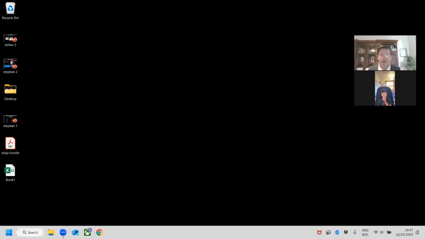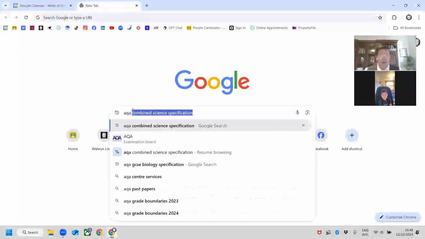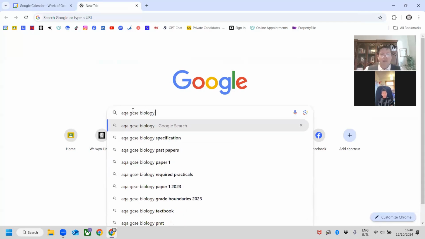Now what I'm going to do very quickly is show you how we can find Unit 1 on a curriculum, and we're going to select the AQA GCSE. AQA is the Assessment and Qualifications Alliance, I believe. All it is is the people that actually write your exam.